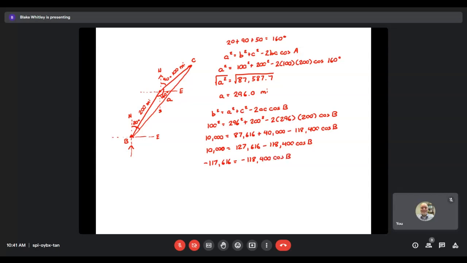At that point, we can divide, and we can take our inverse cosine.